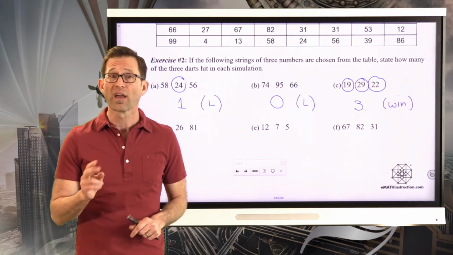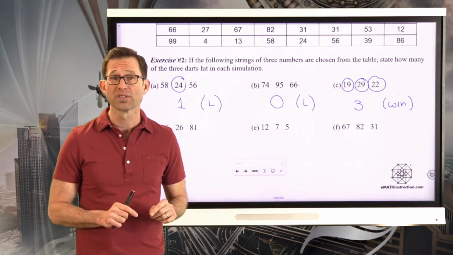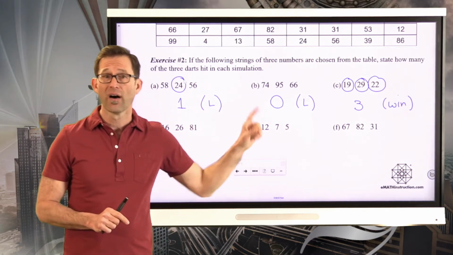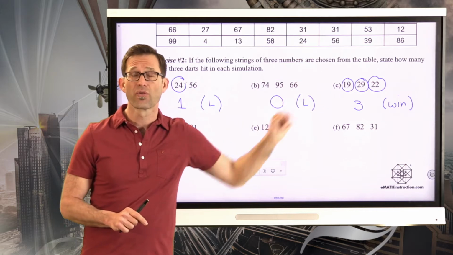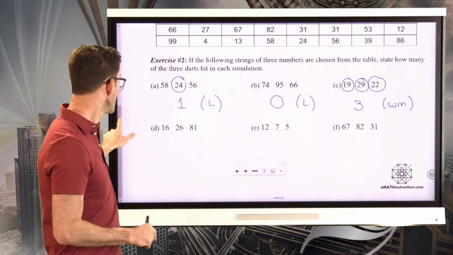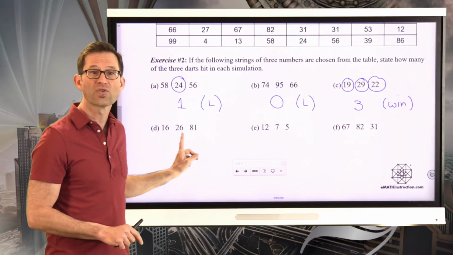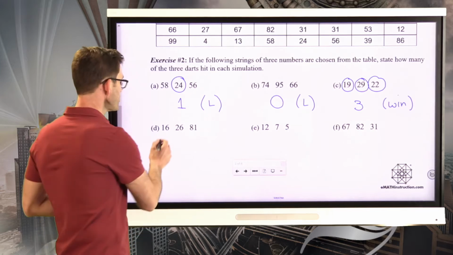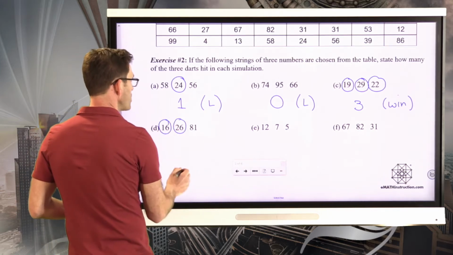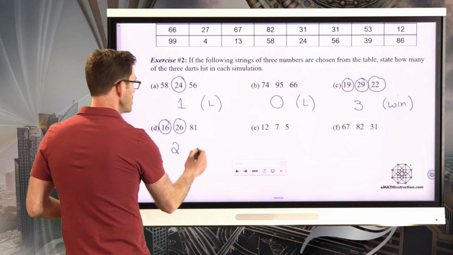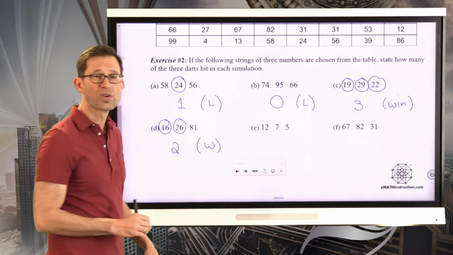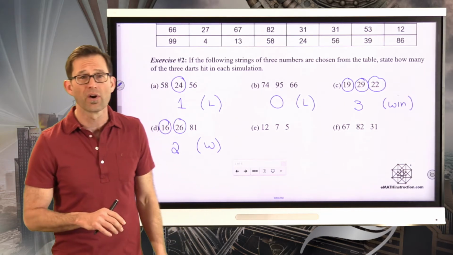And I'm going to win this game if I get 2 darts in or 3 darts in. So if I get 1 in, that's a loss, 0 in, that's a loss, 3 in, that's a win, right? If I've got 16, 26, and 81, the 16 and the 26 are in, that would be 2, and that would also constitute a win. Remember, I just got to get 2 of the 3 darts in.